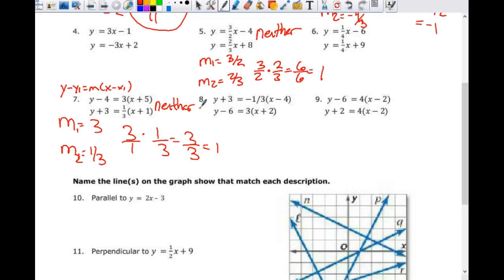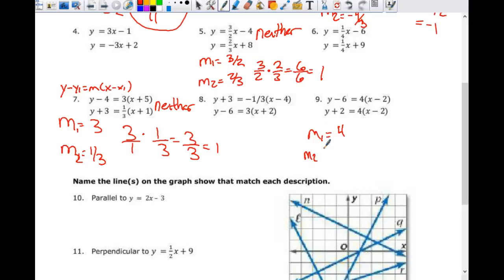You guys ready to move on to the next one? What is the slope for this one, Valeria? Good job, Valeria. 4. What is the slope for this second one?